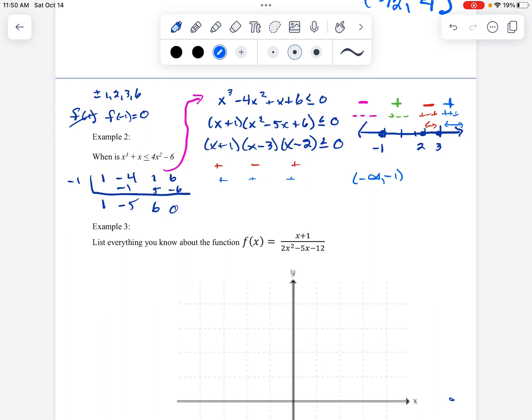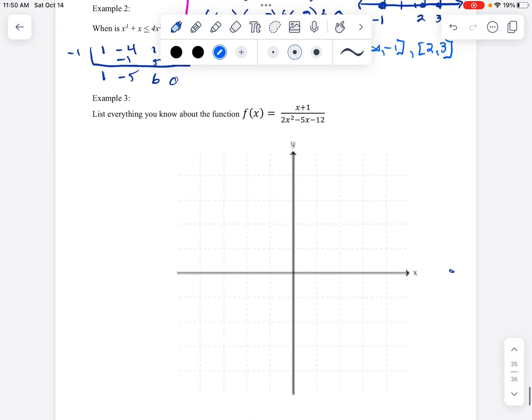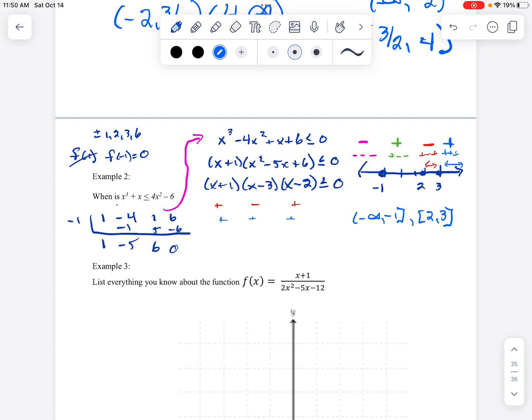And it's equal to, less than or equal to, so I can use the bracket. And from 2 to 3. Those are the values. Those are the range of values that would cause this inequality to be true. And remember, these are equivalent inequalities.